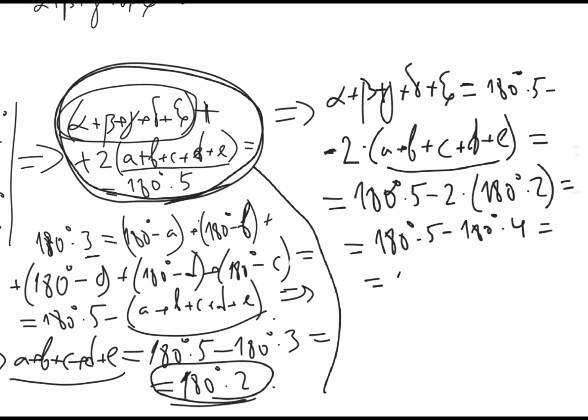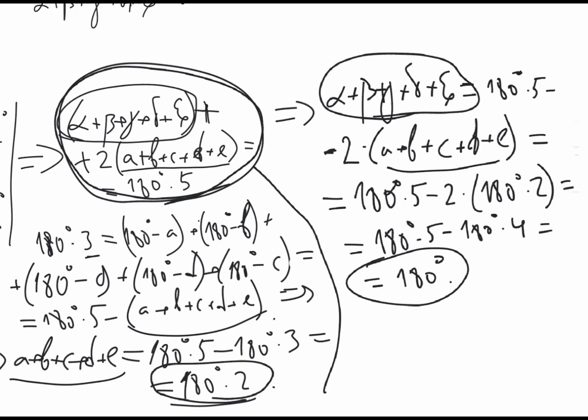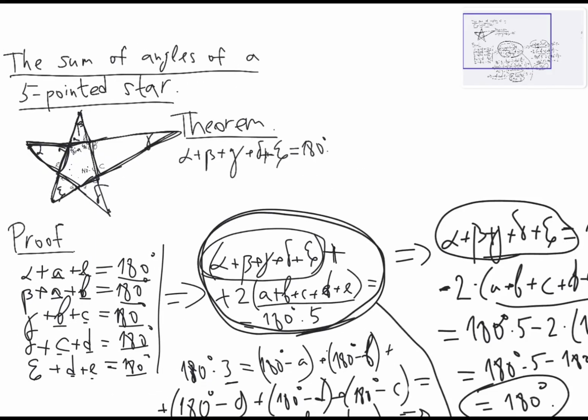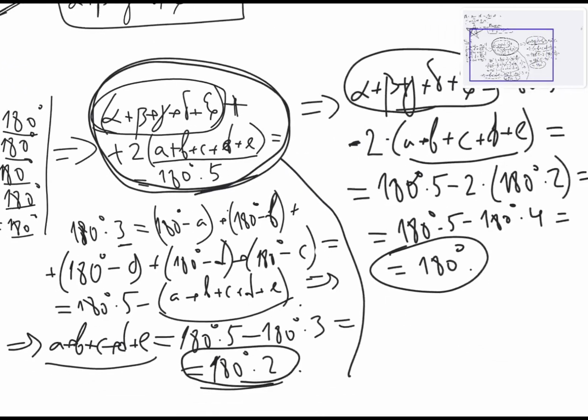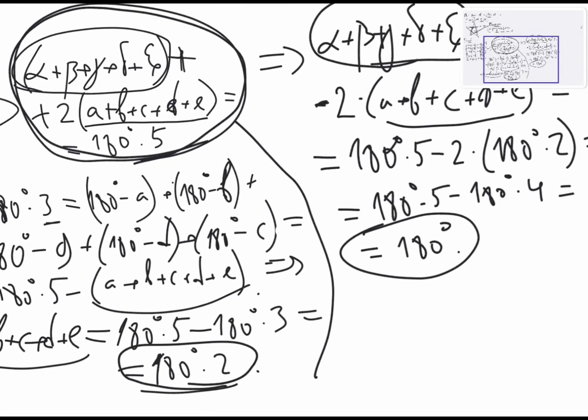And this is simply 180 degrees. So that's it. The sum of these angles alpha, beta, gamma, delta, and epsilon is equal to 180 degrees. This is exactly what we needed to prove. So this concludes the proof.